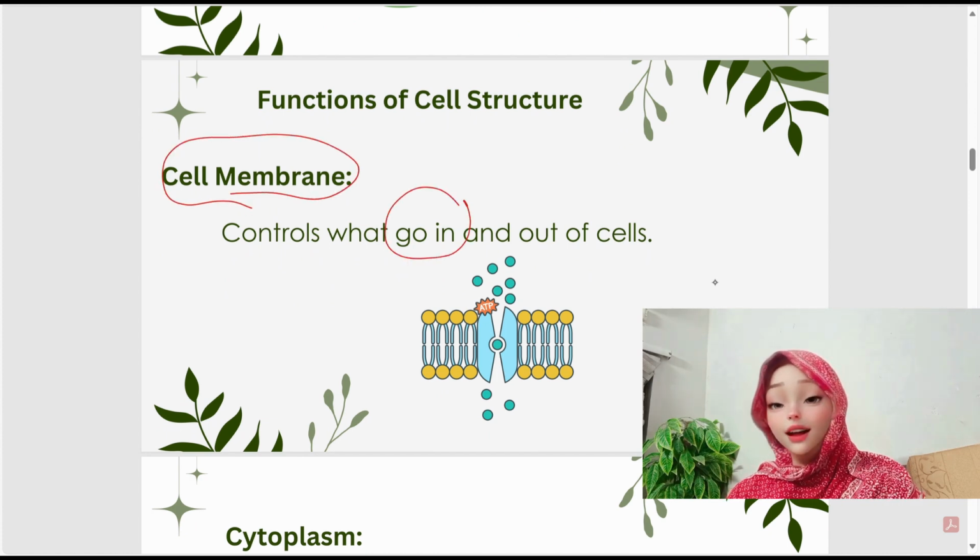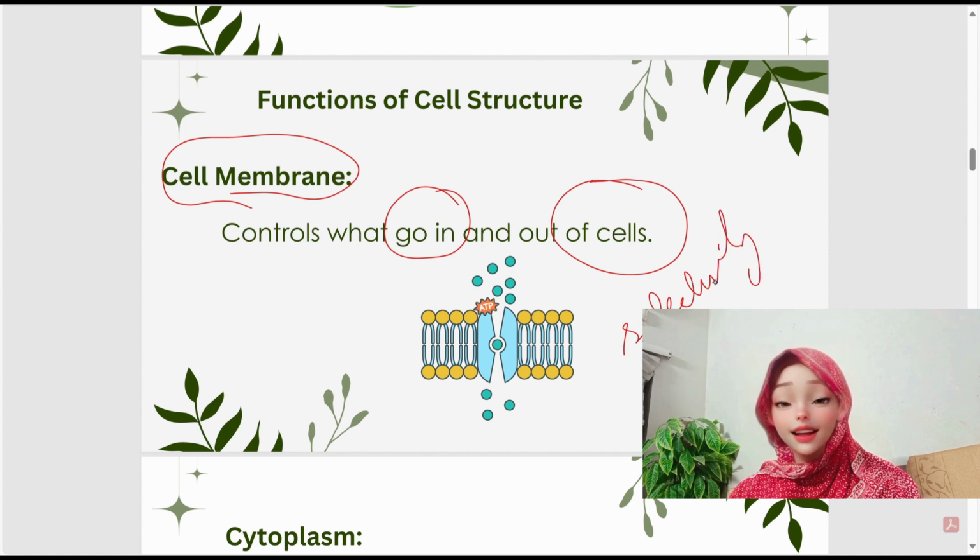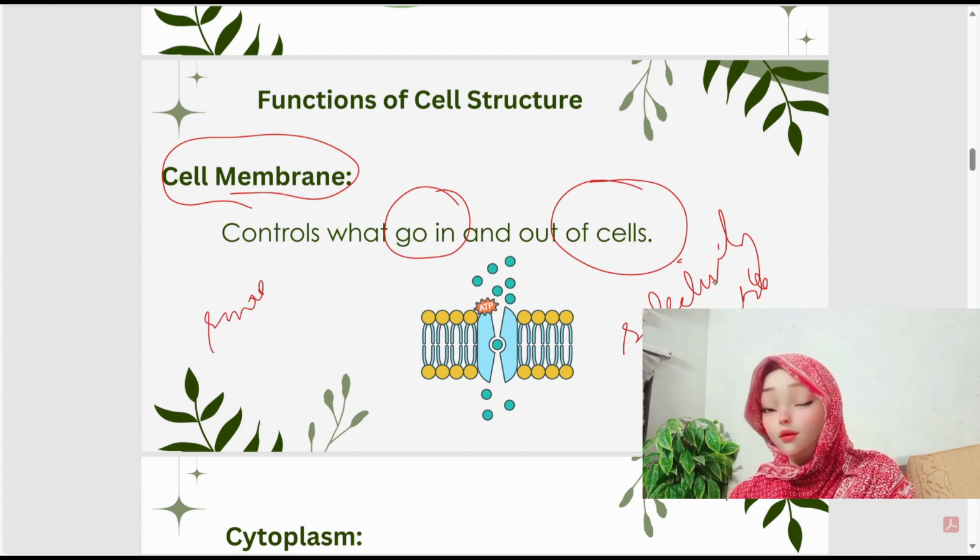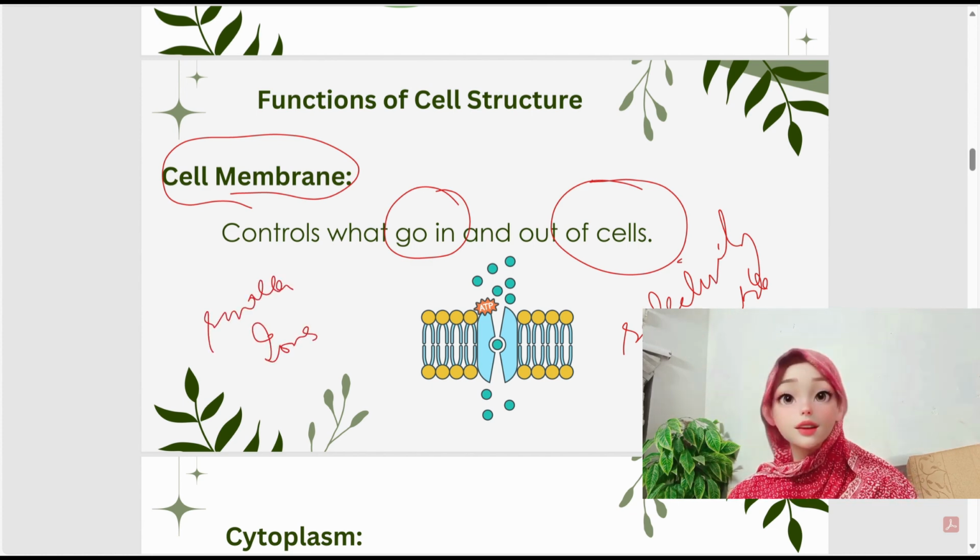The cell membrane controls what goes in and out of the cell, because it is a selectively permeable membrane. It allows only smaller molecules, like ions, to pass through easily, while larger molecules, like proteins and lipids, cannot pass through.